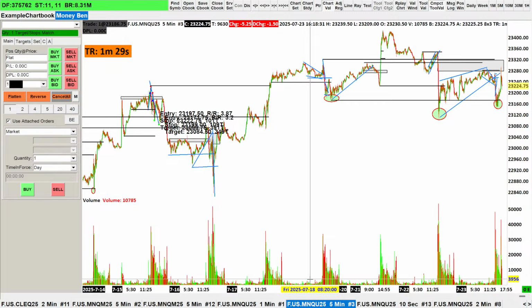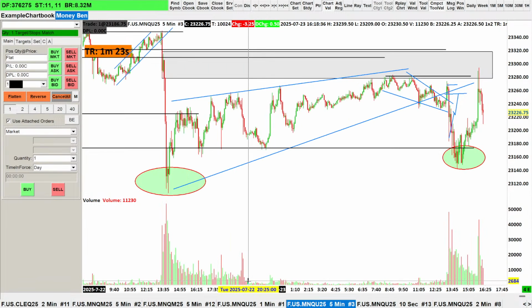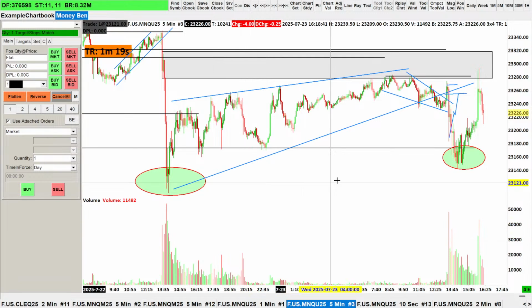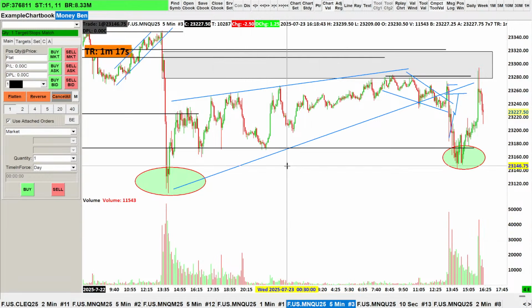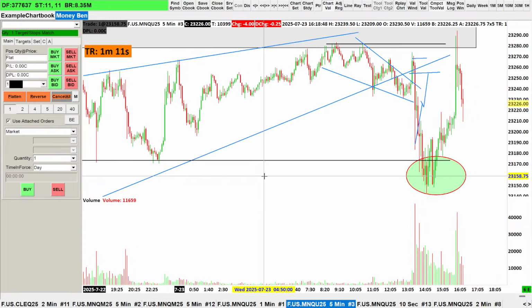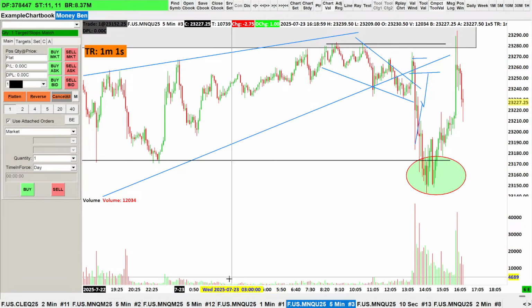Sometimes I will get stopped out, but it is what it is. For the most part, if the structure looks weak short term, I wouldn't mind going short in a bullish market. I know some people don't think that way, which is cool. There are different ways to trade the market. But that's how I was looking at the market today.